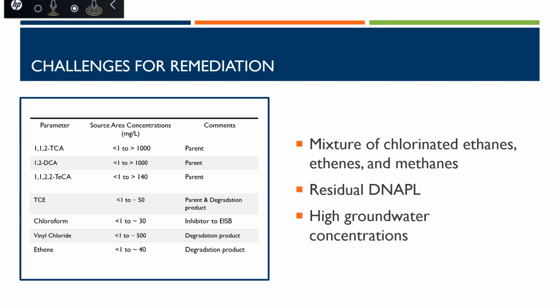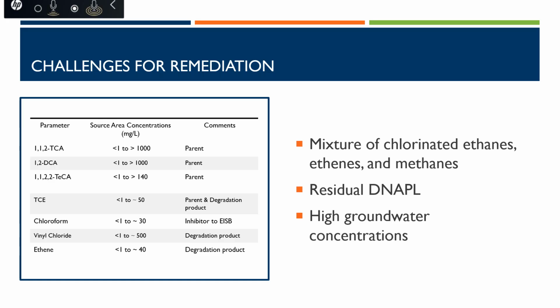The site poses a number of challenges for remediation. First of all, there was residual DNAPL and high contaminant concentrations in the groundwater. Historically, the parent compounds 1,1,2-TCA and 1,2-DCA were present at concentrations as high as 1,000 milligrams per liter. Tetrachloroethane was present at about 100 to 140 milligrams per liter.